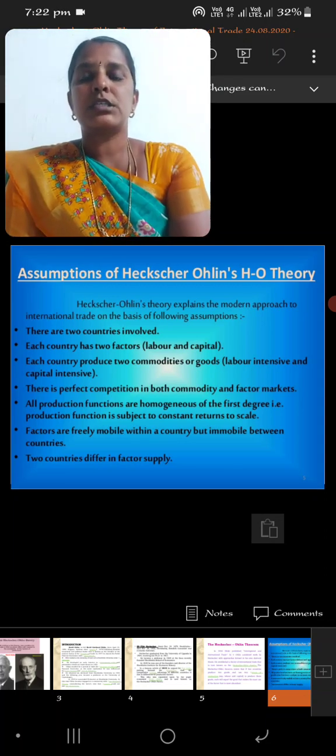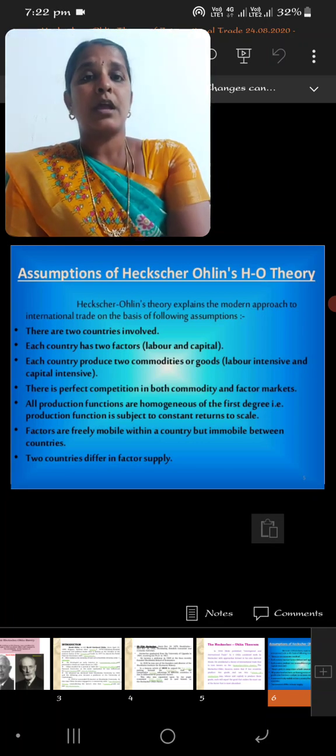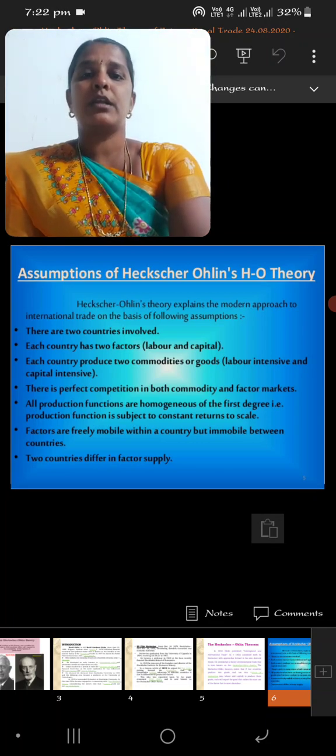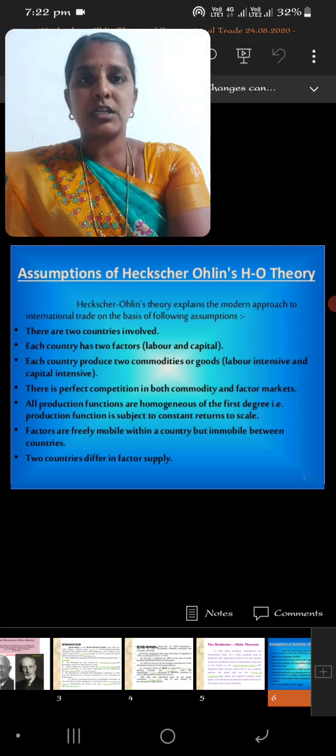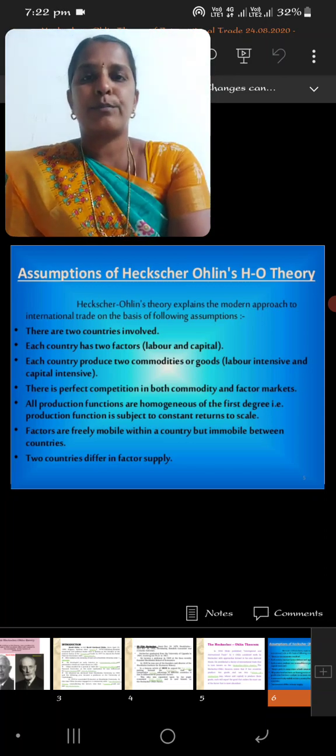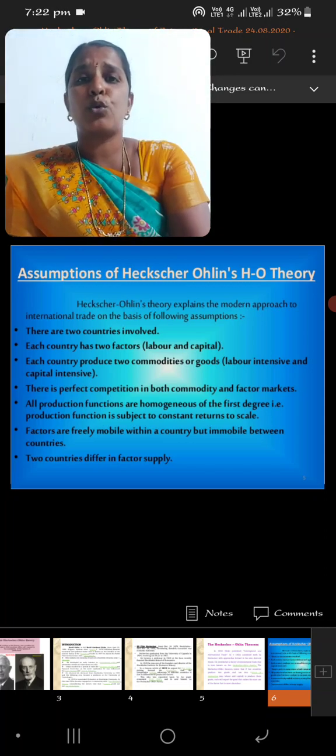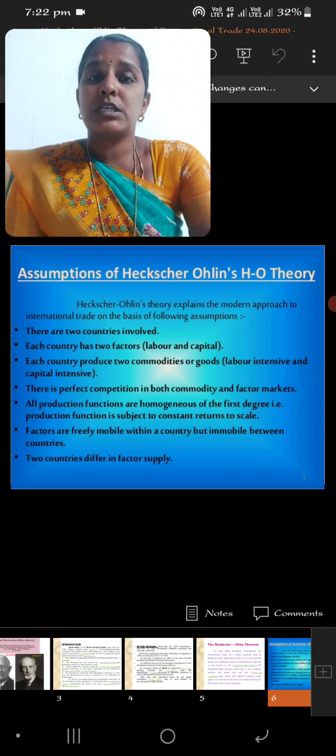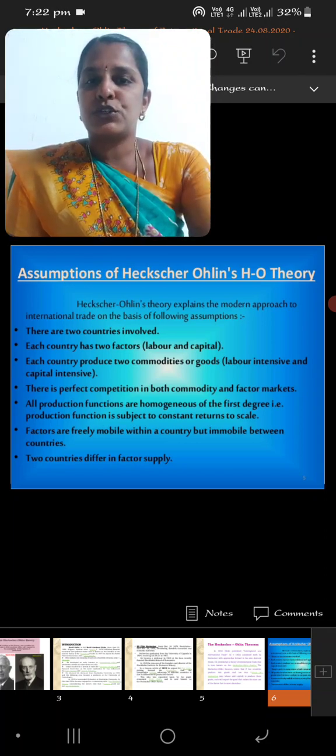If the country is well versed in capital, it will concentrate on capital-intensive goods, that is, machinery. It will export more machinery and import the other goods. So these are the two intensive goods.